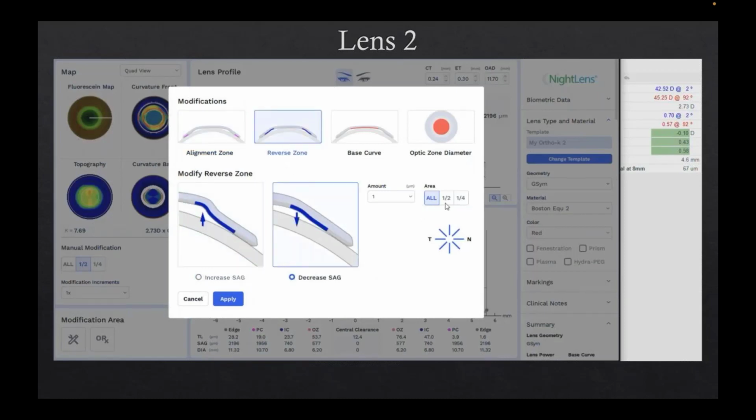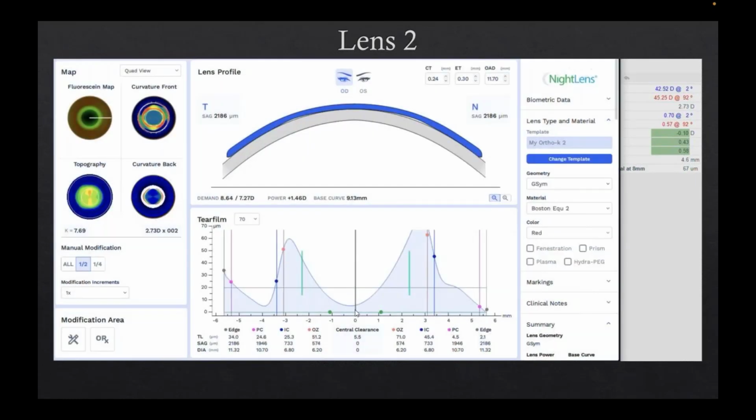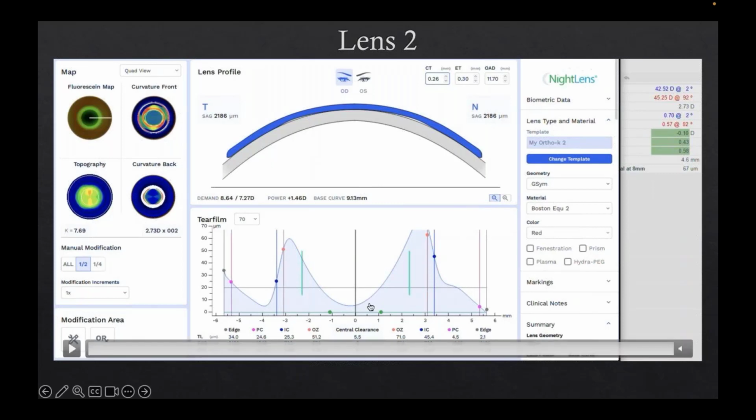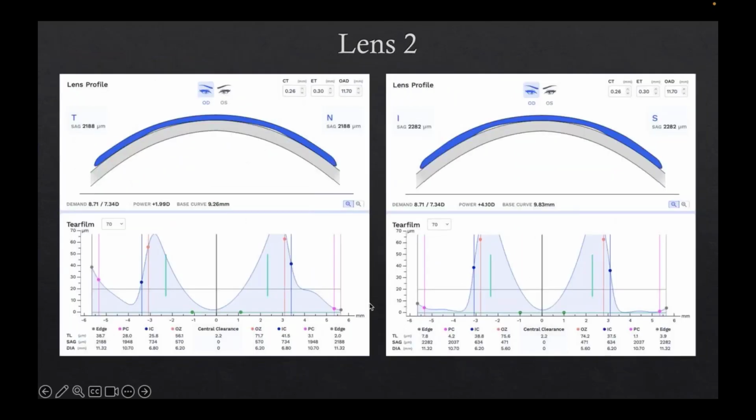The other thing that I did, just like before, was I went back to that flat meridian because of the high E value, and I dropped that down by about 10 microns. And then this is the new lens. And just because I thought there could be some flexure going on with such a high cylinder, I increased the center thickness to 0.26 from my standard 0.24.